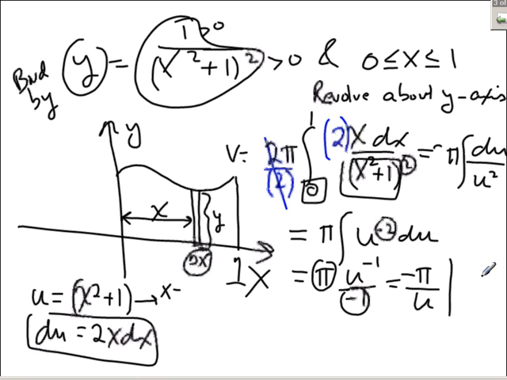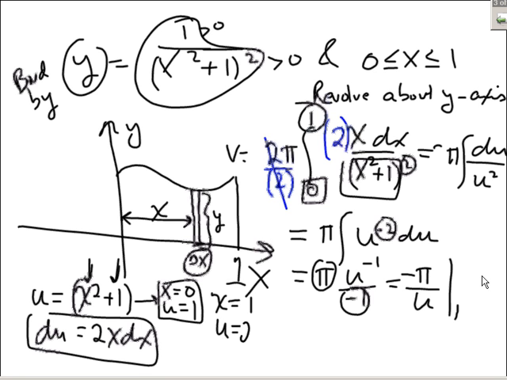If x is 0, then u is 0 squared plus 1, or 1. So, instead of integrating from x equals 0, we integrate from u equals 1. And now, when x equals the upper limit, which is 1, then u is 1 squared, which is 1, plus 1 more. 1 plus 1 is 2. So we integrate from 1 to 2.